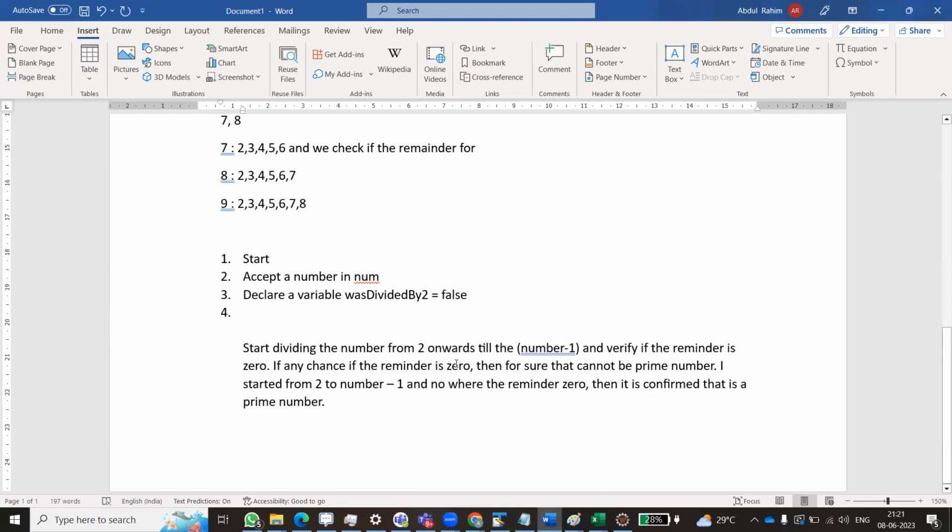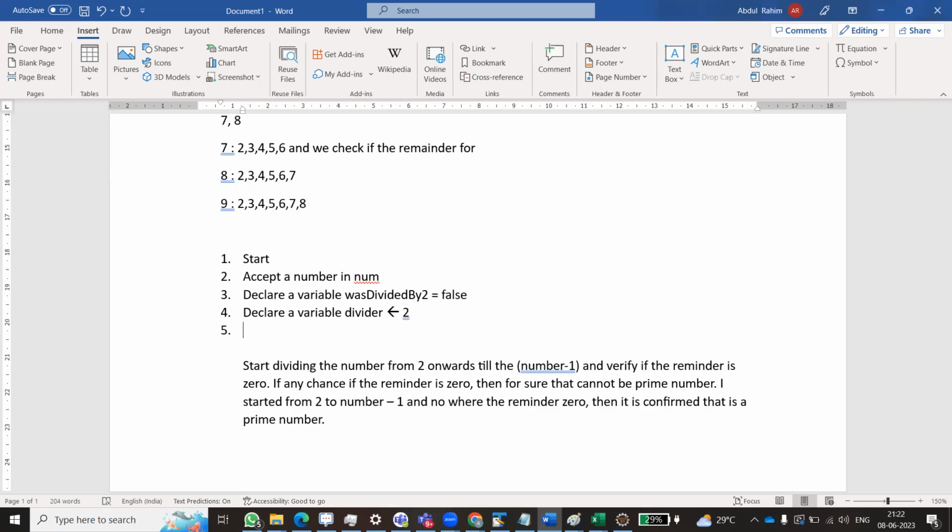Declare a variable called divider. So I have to start with what value initially? 2, right? So in that I will store the value as 2.